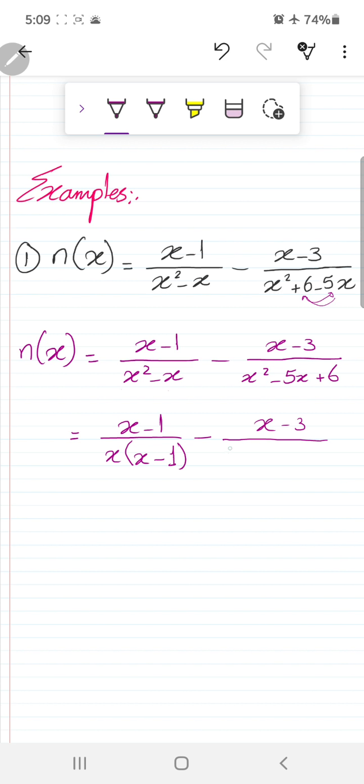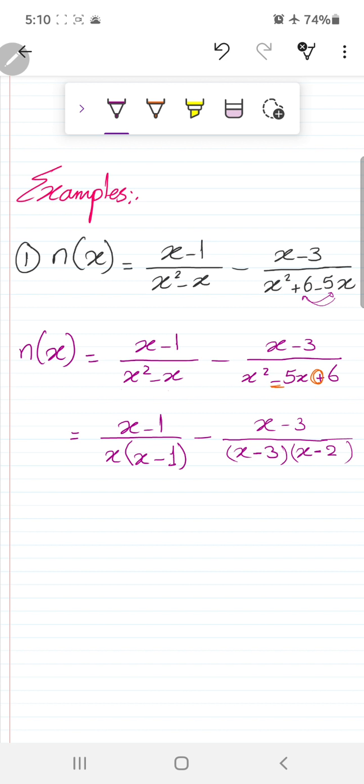Here we have a trinomial, so open two brackets, x and x. We search for two numbers whose product is 6 and whose sum is -5. So 3 and 2. Here we have positive, so the negative goes with the middle; both are negative.